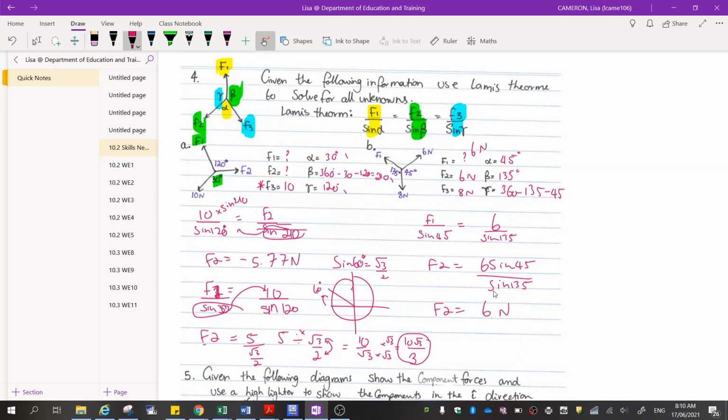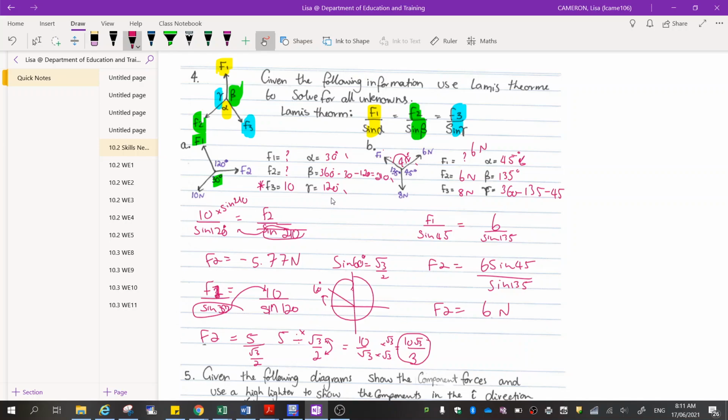Now, when I calculate that force, I work out that this F1 force is 6 newtons, and in here is 45 degrees, and I can say that F1 acts at 6 newtons of force against the other 6 Newton force in the clockwise direction at an angle of 45 degrees.